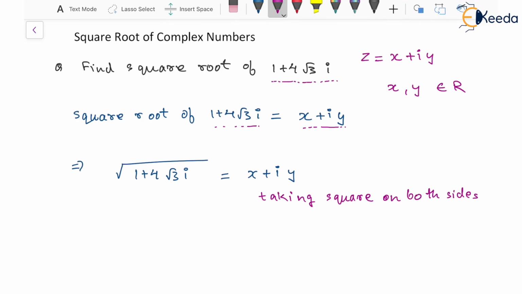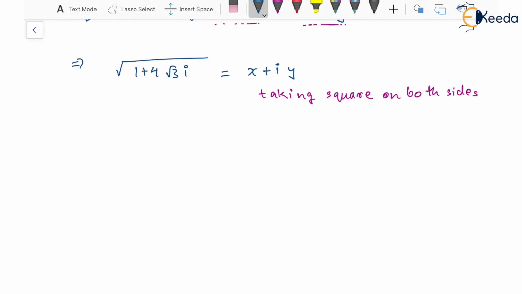So this will give us 1 plus 4 root 3i is equal to (x plus iy) square, and this (x plus iy) square will become x square plus i square y square plus 2xyi.